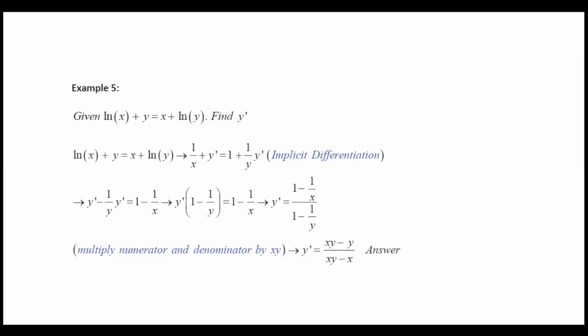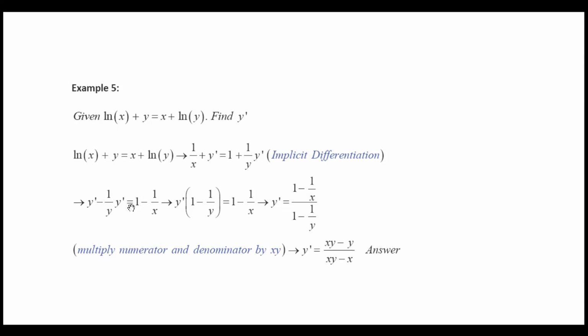Now we want to get the y primes on one side, so we're going to bring this one over to the left, and that's going to give us y prime minus 1 over y prime when we do. And then we're going to leave this 1 here and bring this term over, and this is going to give us 1 minus 1 over x. So we're bringing this term over to the right and this term over to the left.